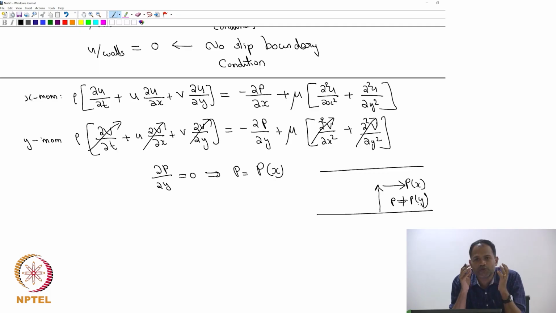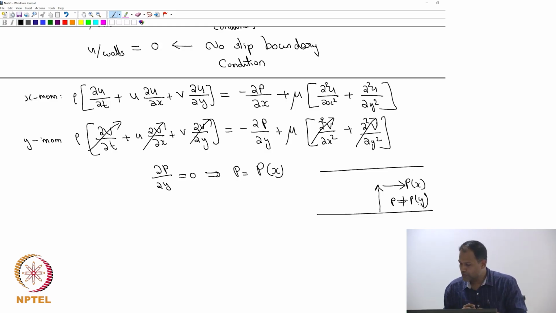When you want to talk about fluid flow in some domain, in some geometry, anywhere, and you want to talk about whether you know everything about the flow, the description becomes complete when you talk about both pressure and velocity, because both pressure and velocity can change with space and time. Was there a question? Any questions?